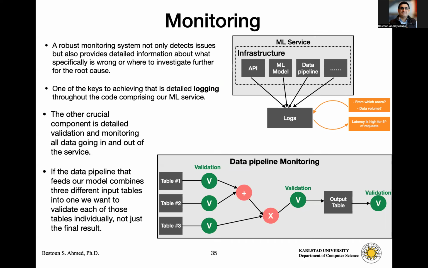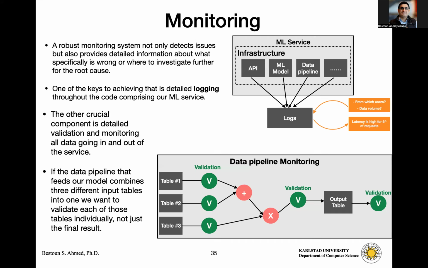Another thing is that when you have a data pipeline, you need to monitor it also. This is a difficult issue when you have the data pipeline and you have data ingestion. The data is coming from different sources. You have to validate. For example, here there are three sources of data, in this graph: table 1, table 2, table 3.